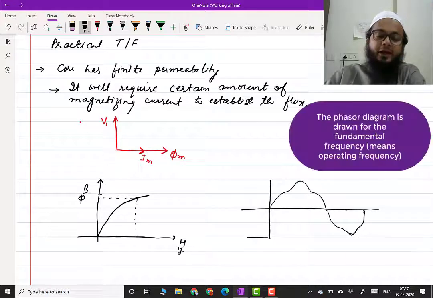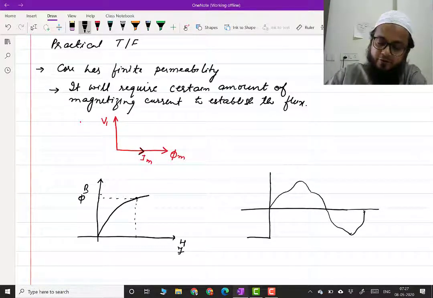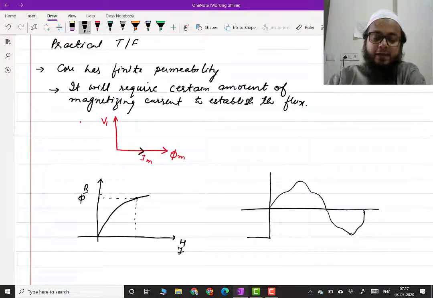But here I am drawing the fundamental frequency component. So this Im you can see is lagging the applied voltage V1 by an angle of 90 degrees, the fundamental component of it.